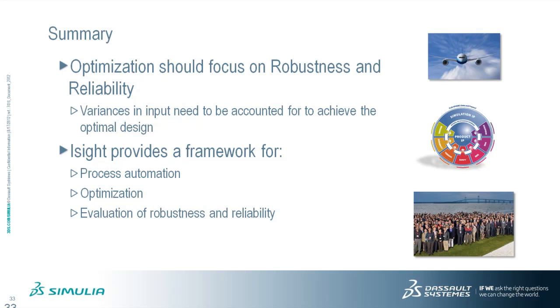It should take into account variances in input variables such as the ply angles, the material properties, and the loading condition, which we didn't look at this time, but we could have variations in our loading and see how that changes our results as well. The real goal of optimization should be to come up with a design that's, yes, light, yes, survives the loads, but is also robust, reliable, and will survive in-field operations.